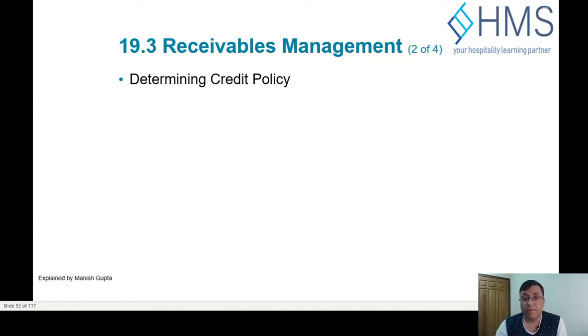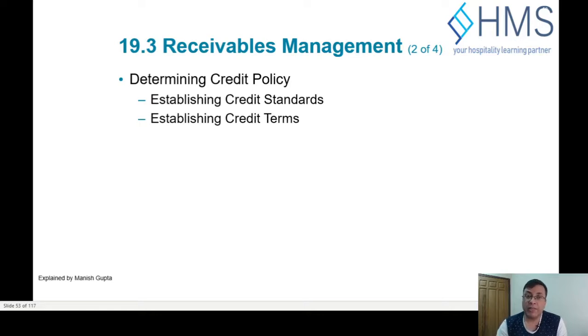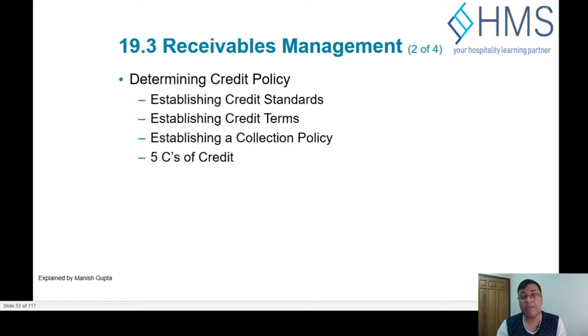So the first thing we need to establish is the credit standard: who we will be giving the credit to. Normally it is required to consider the 5 C's of credit before we establish the credit standards. The first is character. We need to look at the character of the company, the character of the directors, their past defaults and history: have they had any credit defaults in the past or not?